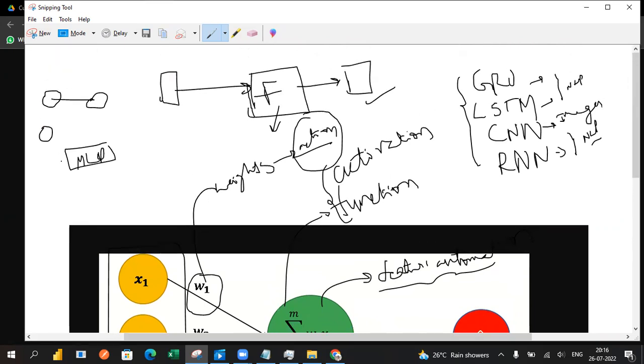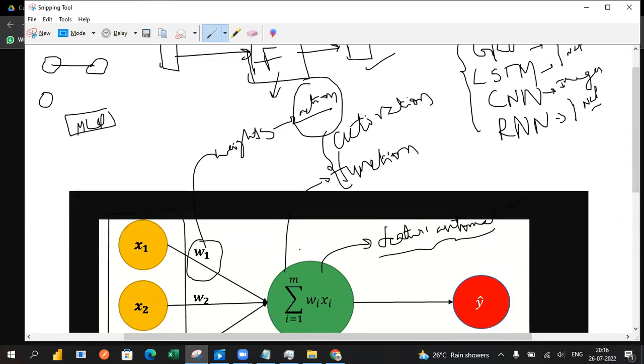This perceptron has more activation functions, which are called hidden layers. The hidden layers are many. If you have more hidden layers, we can call it a complex neural network.